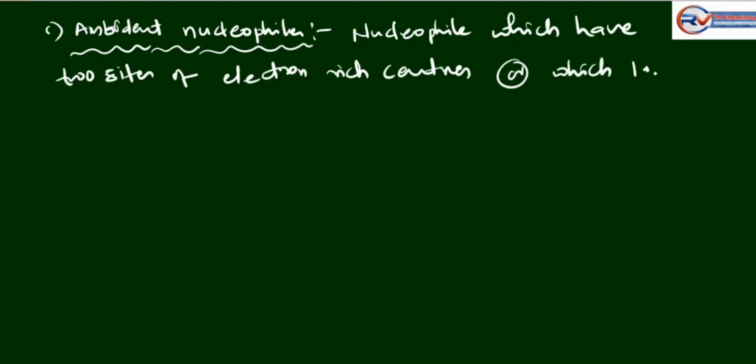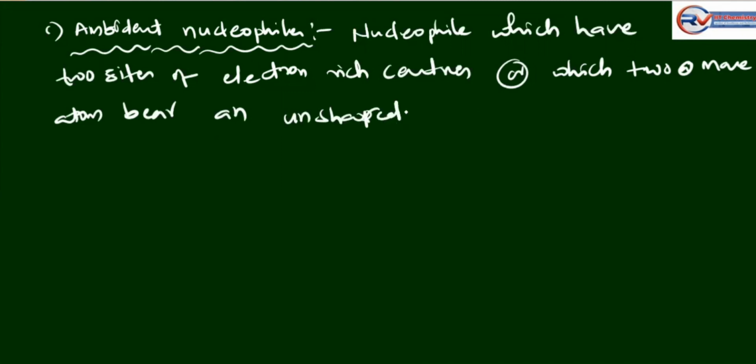Nucleophiles in which two or more atoms bear an unshared pair of electrons are also called ambidentate nucleophiles.